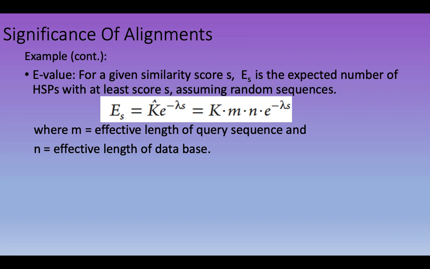The E value is not the probability of getting a value larger than a specific value. It's the expected number of high-scoring segment pairs with a score of at least S, in this case 77, assuming random sequences.